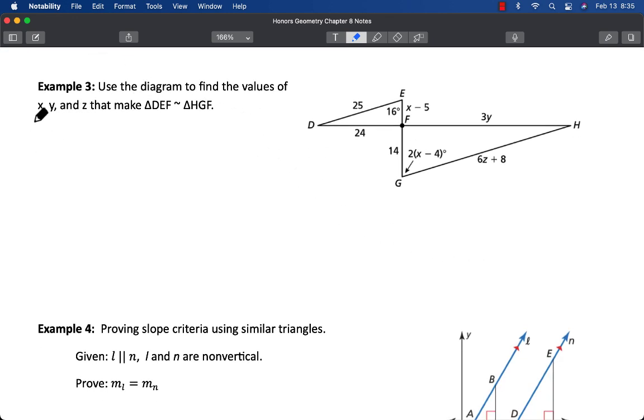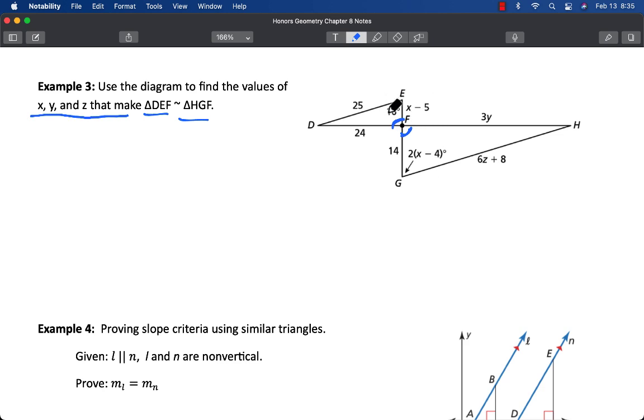We want to find the values of x, y, and z that make triangle DEF similar to triangle HGF. If I take a look here at my triangles, DEF is this top left-hand corner here, and I see that this angle and its opposite angle are vertical angles, so it's going to share that angle here.